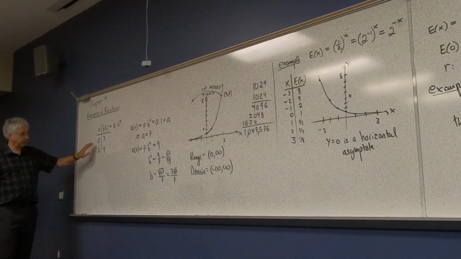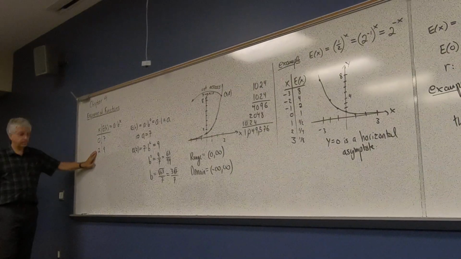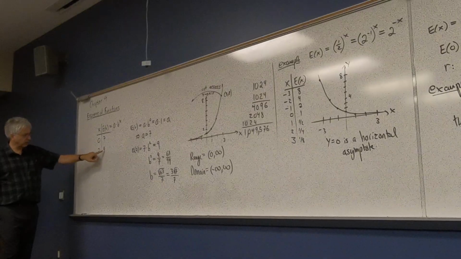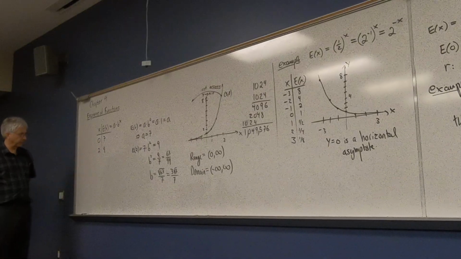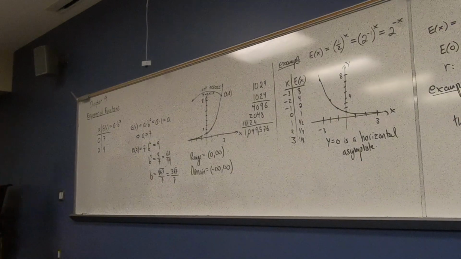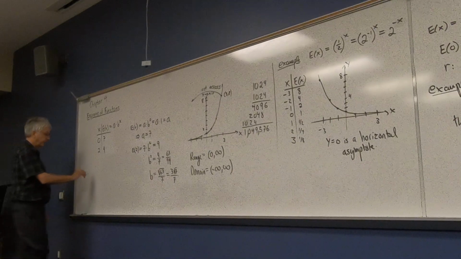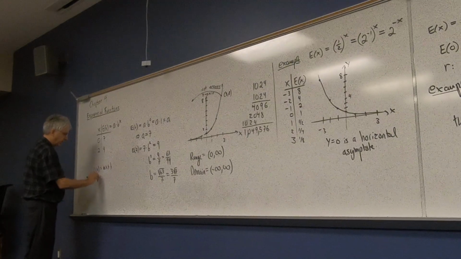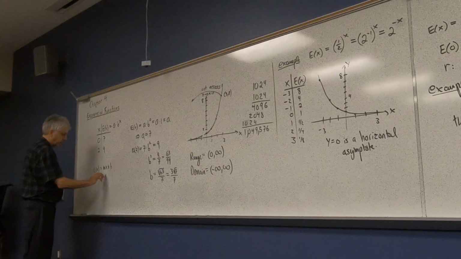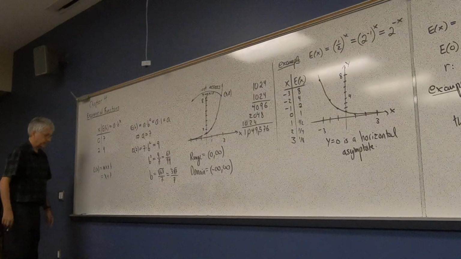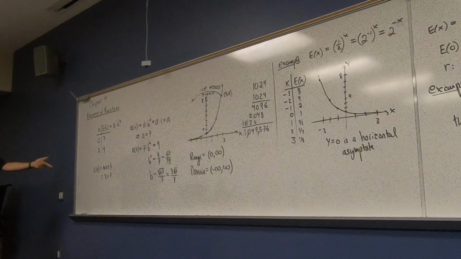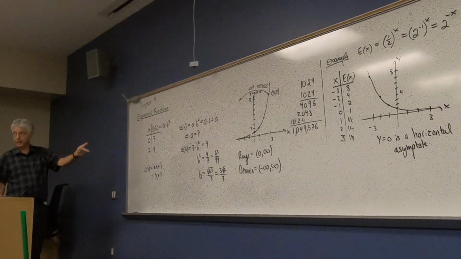So if I wanted to fit a linear function to these 2 data points, I could also do that. The slope would be what? 2 over 2, I guess? So the slope would be 1, and the y-intercept would be 7. So if I had L of x is mx plus b, I could easily determine that m is 1 and b is 7, right? So it's the same kind of thing. 2 points determine a straight line. They also determine a unique exponential function like this.